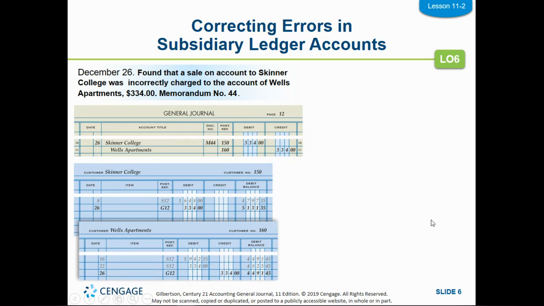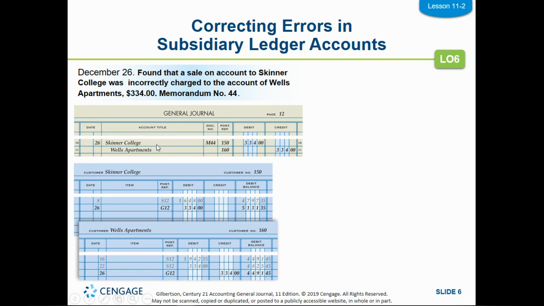The second part of this lesson is talking about correcting errors in a subsidiary ledger account. It says, found that a sale on account to Skinner College was incorrectly charged to the account of Wells Apartment. So once that's already been posted, you're just going to do that reversing or correcting entry, where we're going to take it out of Wells Apartments and put it into Skinner.